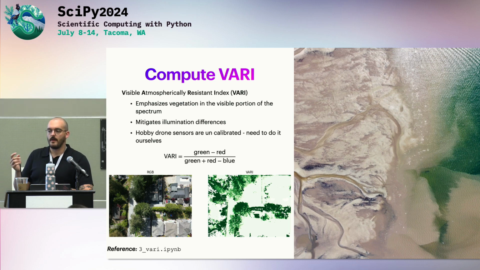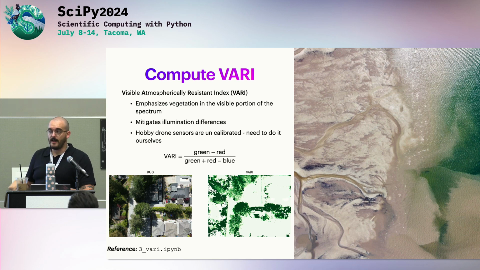For that, you use near infrared, but these drones are really cheap, and they don't have $1,000 cameras on board. They're worth much less than $1,000. So we can do something kind of hacky, but kind of okay. It's called VARI, or the Visible Atmospheric Resistance Index. It's another way to attempt to measure vegetation out of a scene using just RGB.